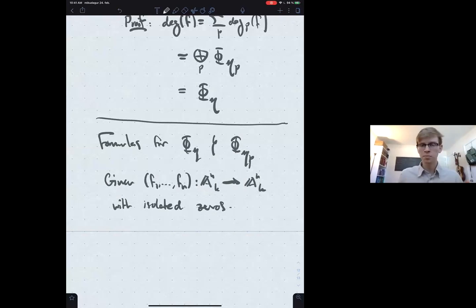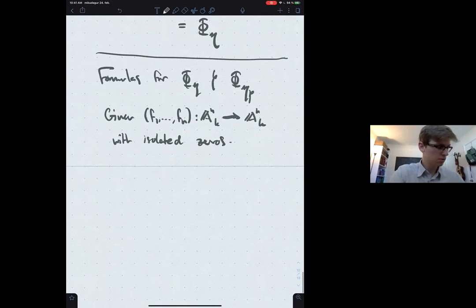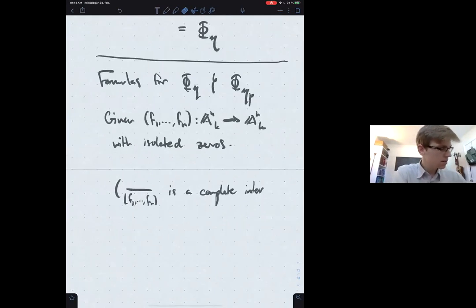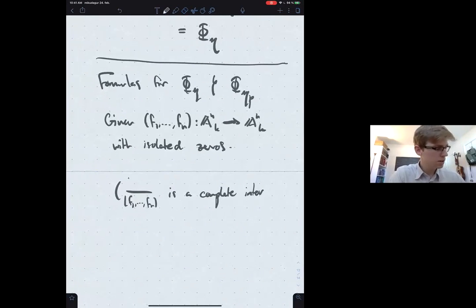Okay, so as long as these polynomials define a complete intersection, this machinery works. So you could think of it as just saying that the quotient Q is a complete intersection.